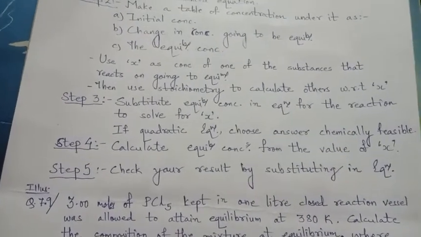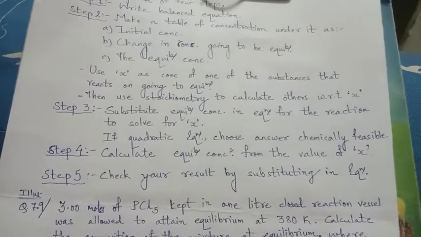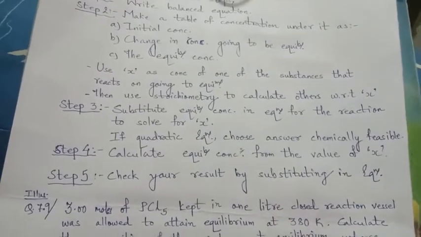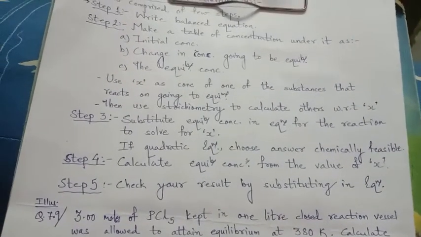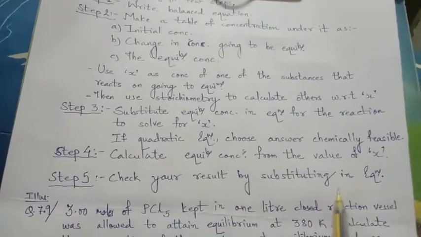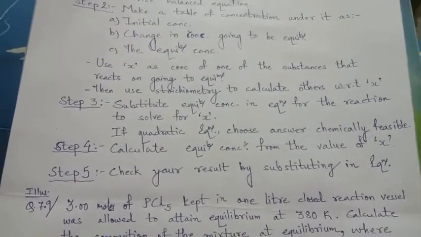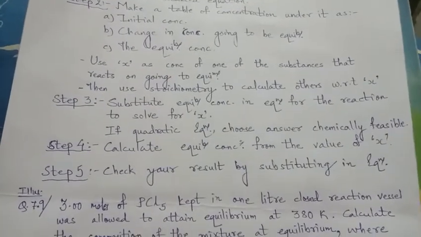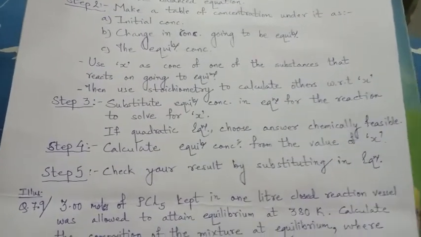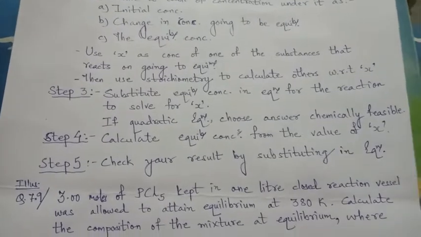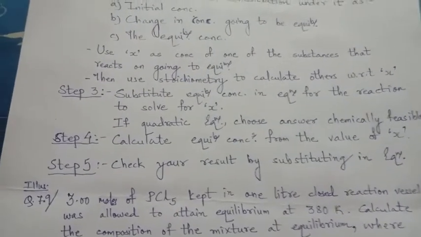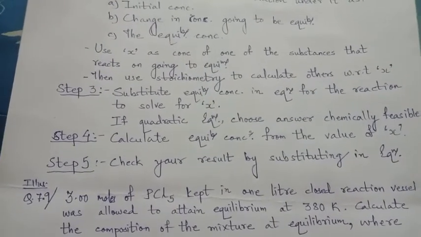Because when it is a quadratic equation, we know that we will get the value of X in two ways, either this or this. So as per the chemical equation, whichever is more feasible or more possible, we are going to select. As you do in maths, right?